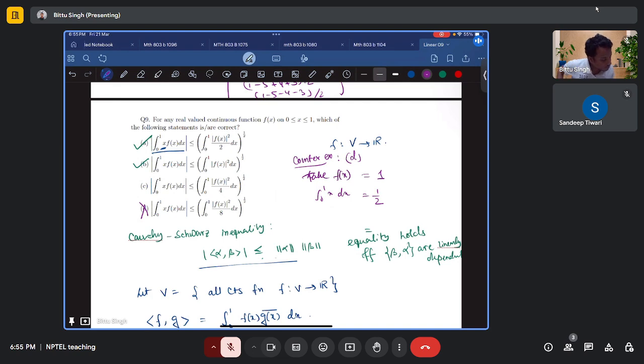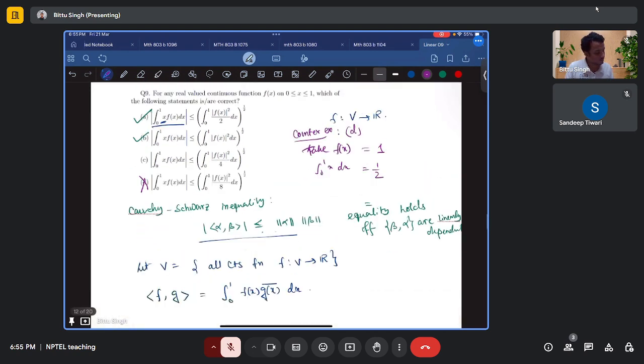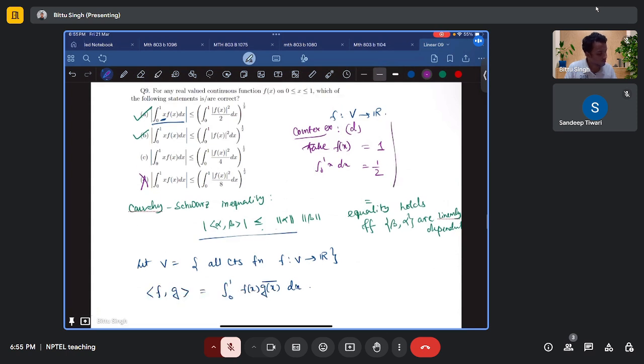Can it produce something? So instead of 1, let us take f(x) equal to x. So for C, let us take f(x) equal to x. In this case, integral from 0 to 1 of x times f(x), that is x squared dx.